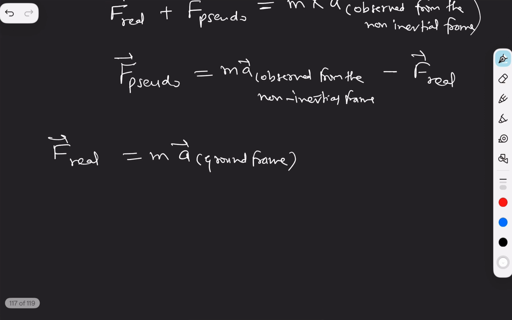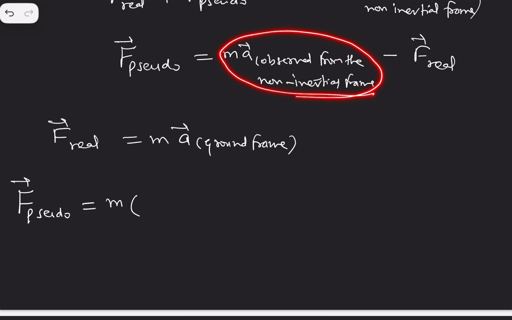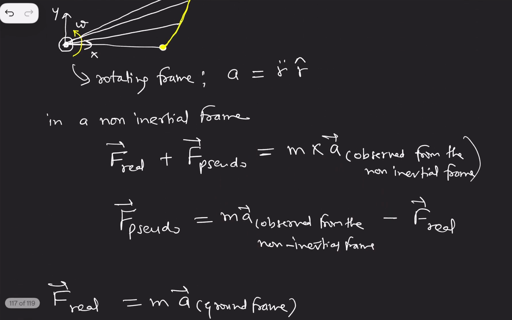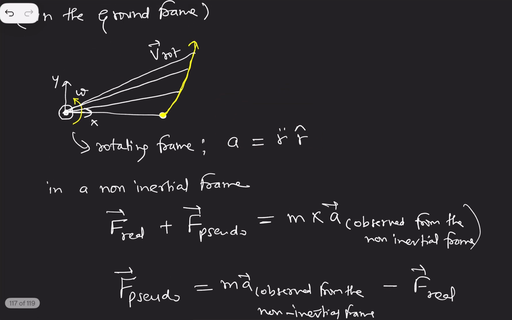So if we put all these things together, we can get the F pseudo in general. F pseudo is equal to m times a observed from the non-inertial frame, that is the rotating frame, which is only r double dot r cap, because the body will appear to us to be going outward.